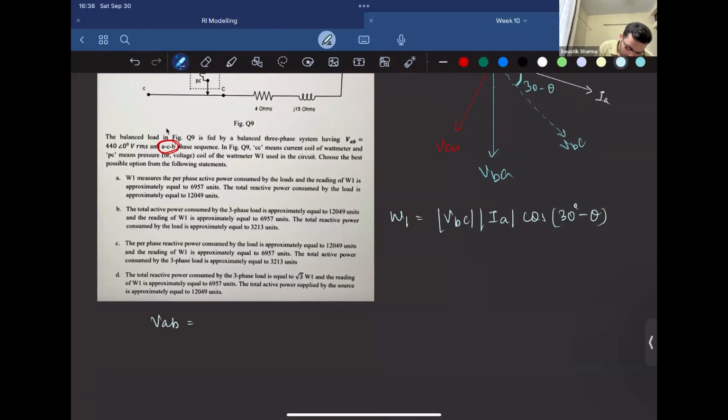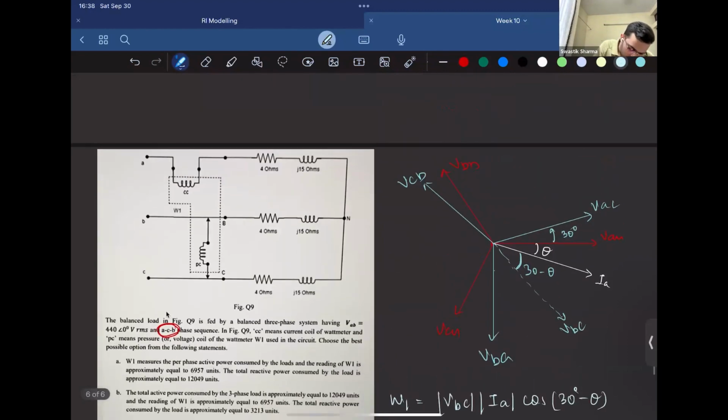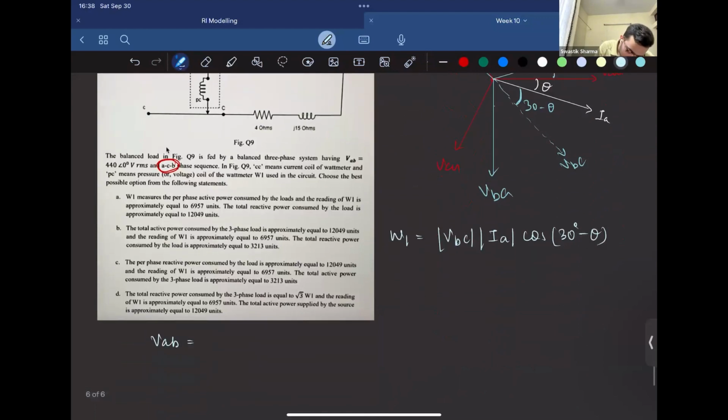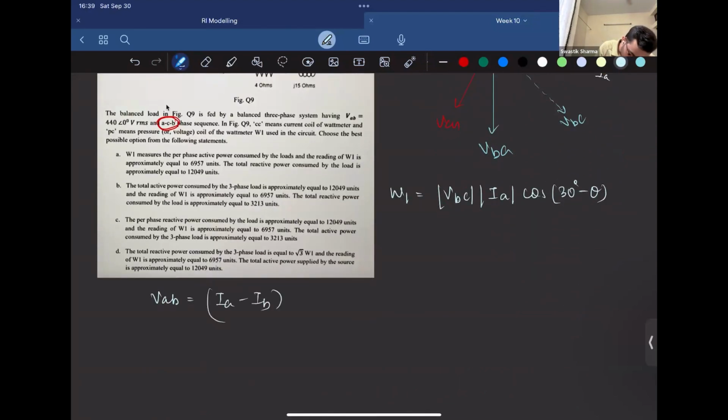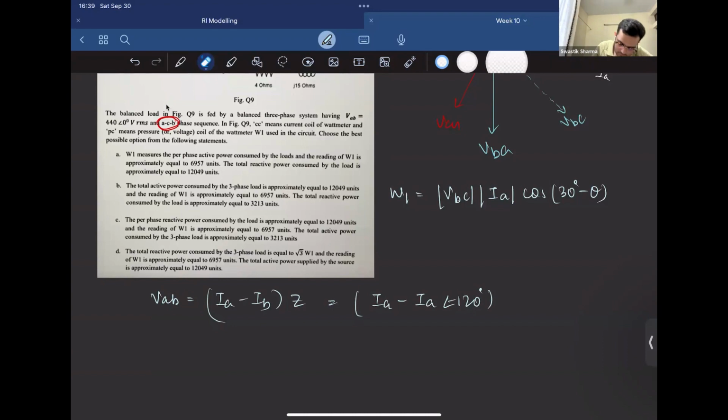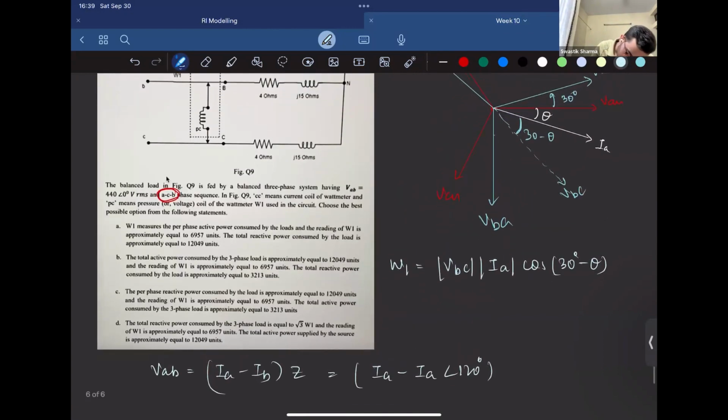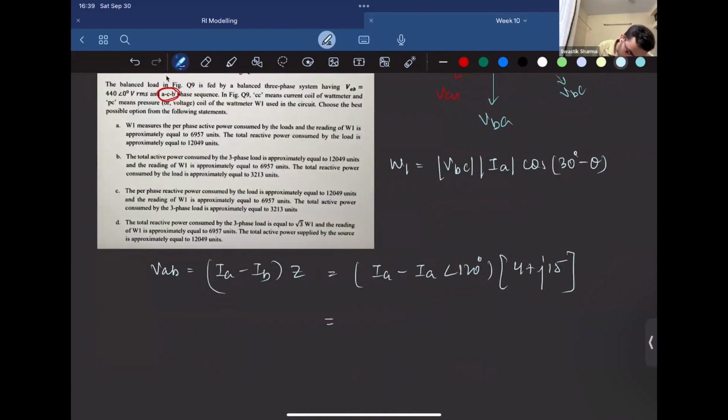Now we know VAB is IA times Z minus IB times Z. So this is IA minus IB times Z. Since it's ACB sequence, IB will lead it by 120 degrees, and Z is given by 4 plus j15.